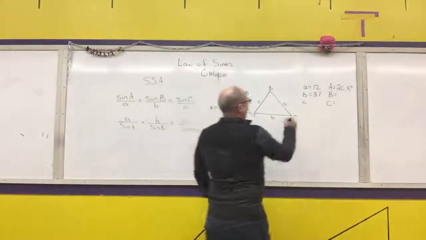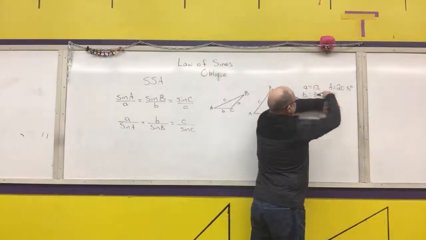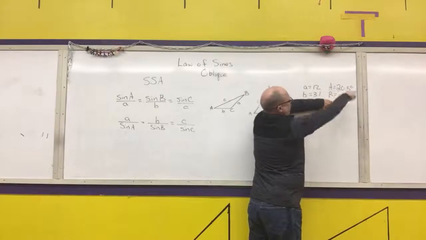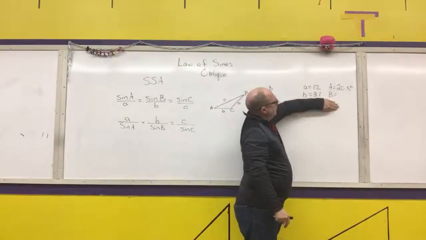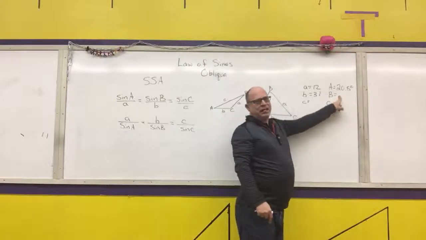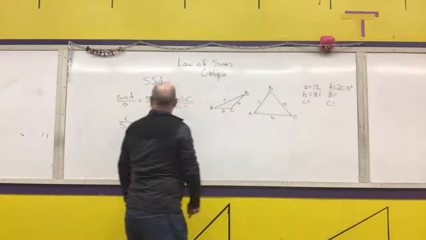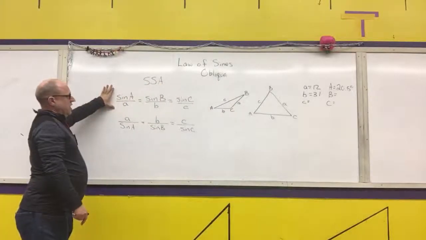So what I realize here is that I have 3 out of the 4 pieces of information here. So what I'm going to do is write the law of sines with the angles on the top so that I can solve for angle B. So that will be this version of the law of sines.